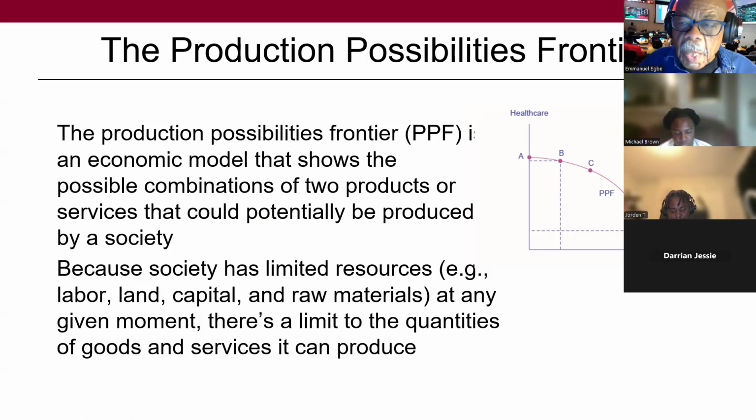What it simply means is that if you want to go to the point C to produce more education, you have to give up some healthcare. And this is what I talked about, opportunity cost. So the production possibility frontier is a model that illustrates the problem of scarcity, that under conditions of scarcity, there are opportunity costs.